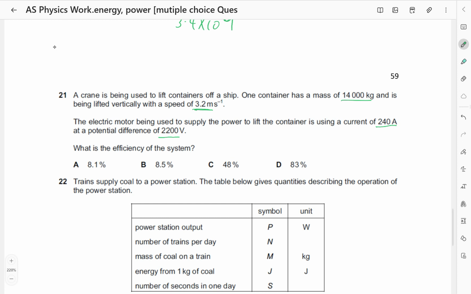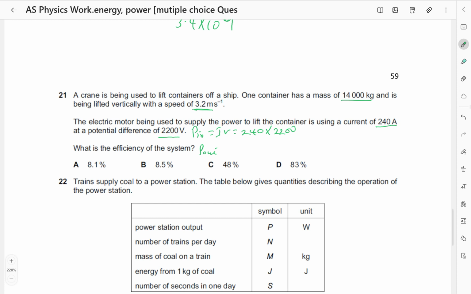So the electrical motor being used to supply the power to lift the container is using a current of 240 and a potential difference of 2,200. So this is going to be the power input. Power input will be I times V, which is 240 times 2200 volts. That is the power input. Then the power output: a crane is being used to lift containers off a ship.